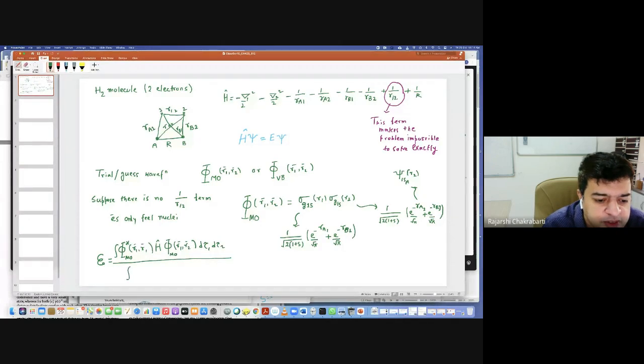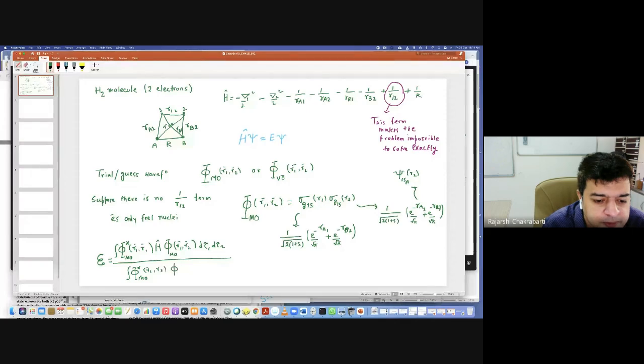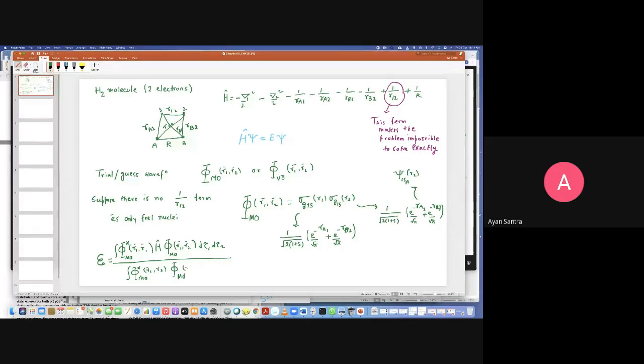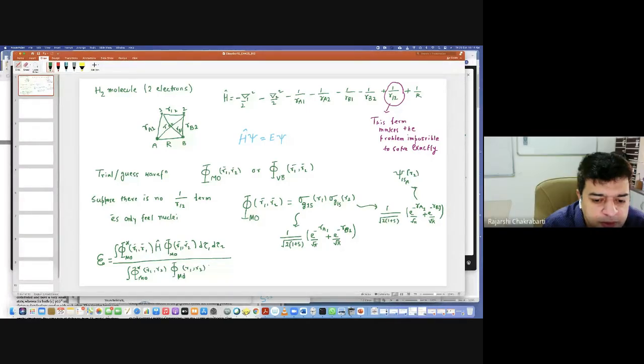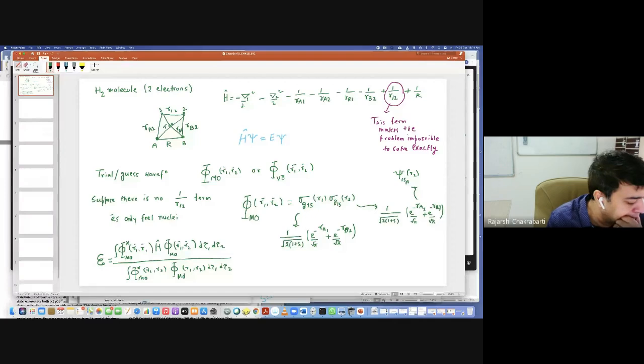What is in the denominator? This thing you know now. It should not be a problem. And the volume element. Very good. Who is this? Ion. Okay.